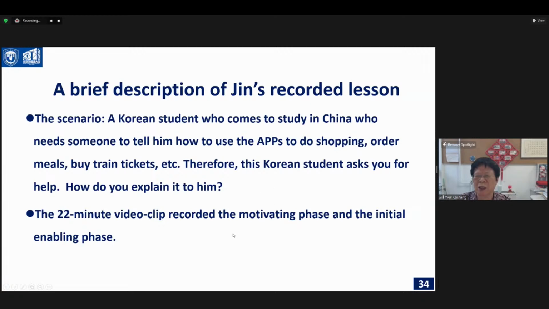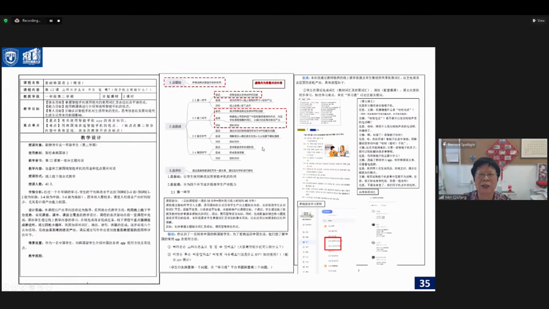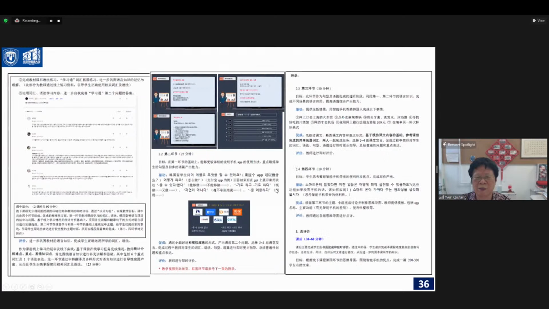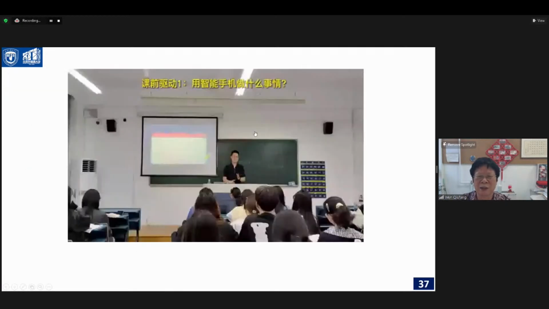So these students are beginner Korean learners. Now, this is Jing's lesson plan, and this is in Korean, and because the other teachers do not understand, we asked him to translate into Chinese. All 6 pages are his lesson plan. Now, this is his recorded lesson.